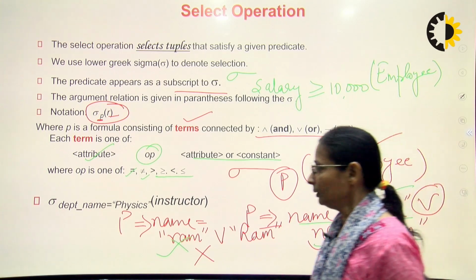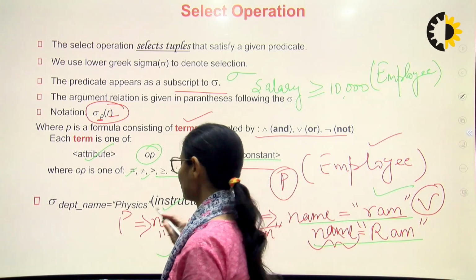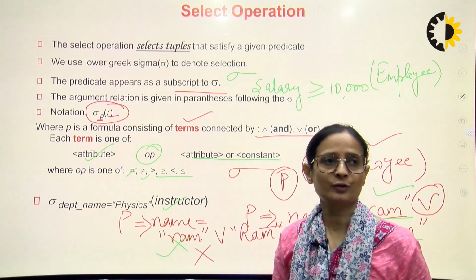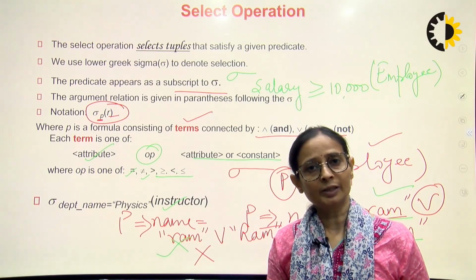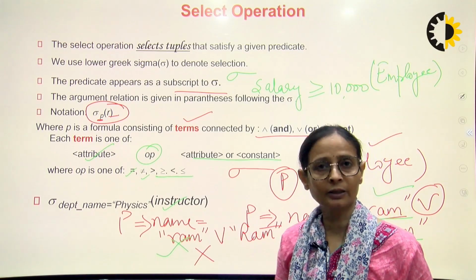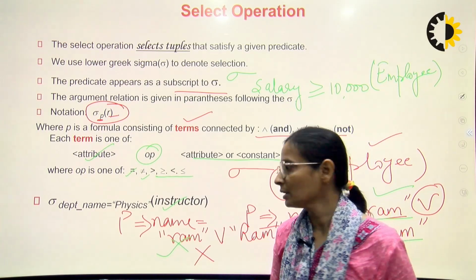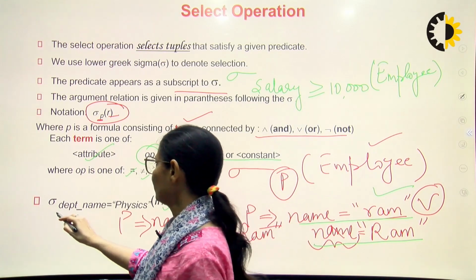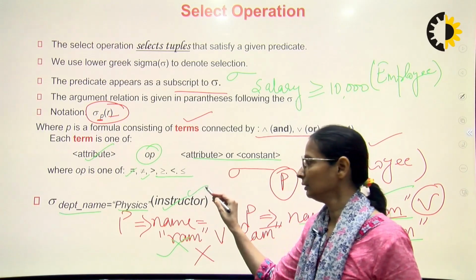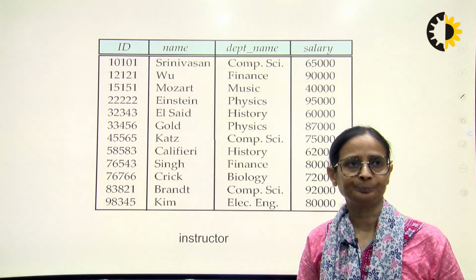In this example, I am selecting all those faculty from the instructor table who are working in the department physics. So here department name equals physics and then the name of the relation.